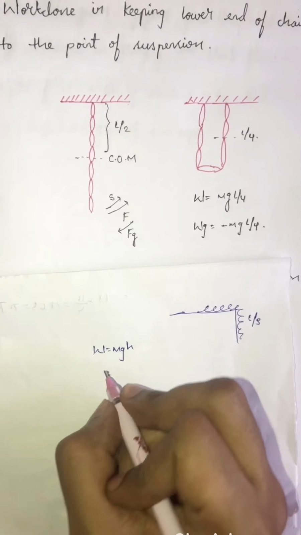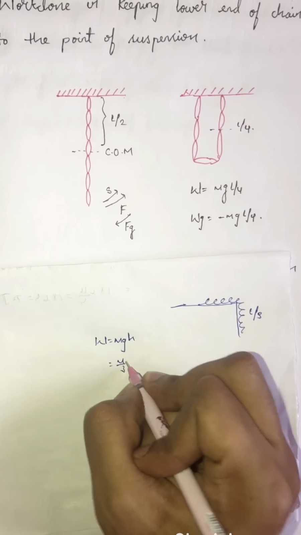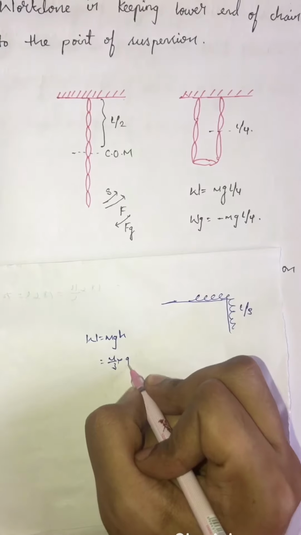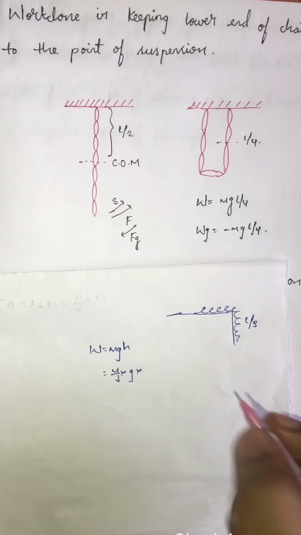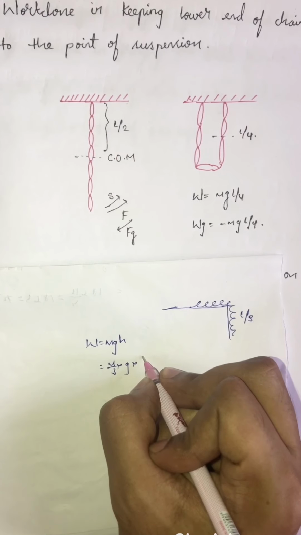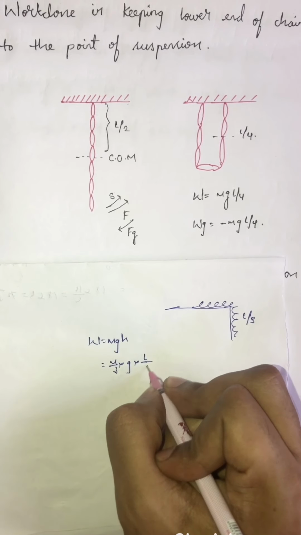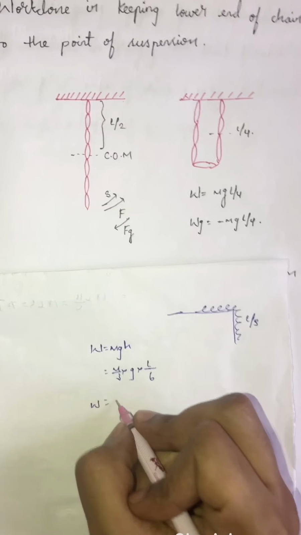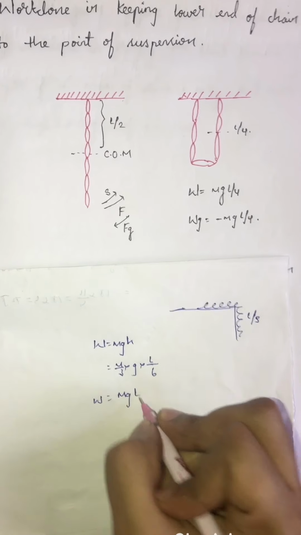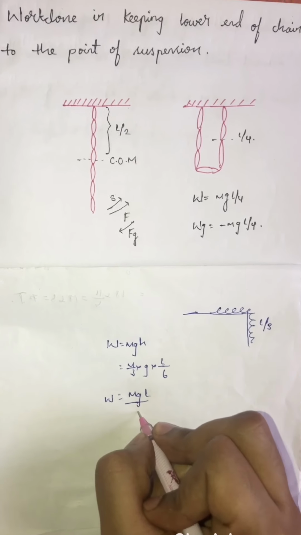The height, the center of mass of the L/3 chain, will be equal to L/3 divided by 2, which is L/6. So work done will be equal to m into g into L/6 times 1/3, that is 18. 6 times 3 is 18. So work done will be equal to mgL/18. That's fine.